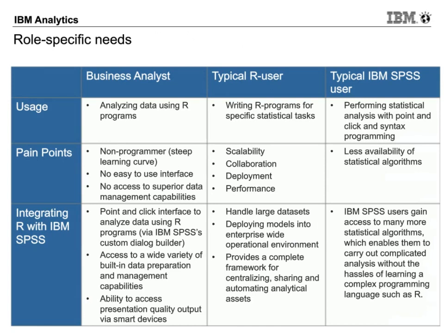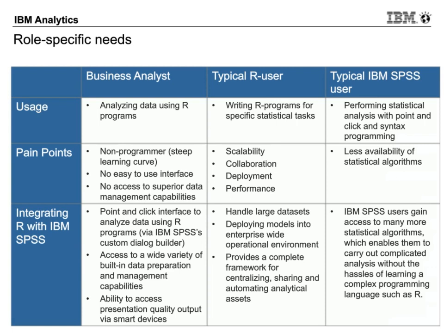So let's look at some of the roles that are involved in using both R and SPSS Statistics. We have three personas here: the business analyst, a typical R user, and a typical SPSS Statistics user. So the business analyst is analyzing data with R programs.